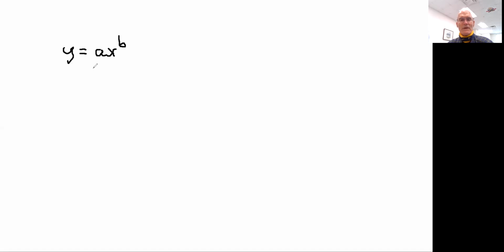Now, an example here, we have y equals 3x squared. You know what the x squared function looks like? It looks like a parabola, or it is a parabola.